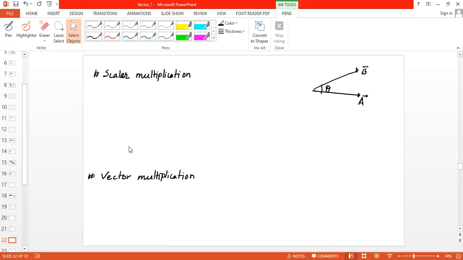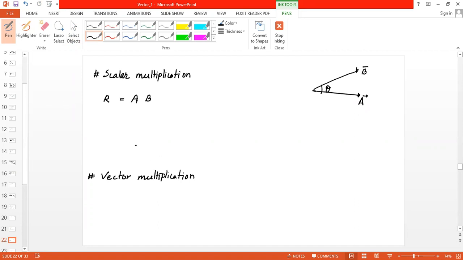So what is vector multiplication or scalar multiplication? In case of scalar multiplication, the product of two vectors A and B will be a scalar quantity. Let's say R is the product, and R would be a scalar quantity.